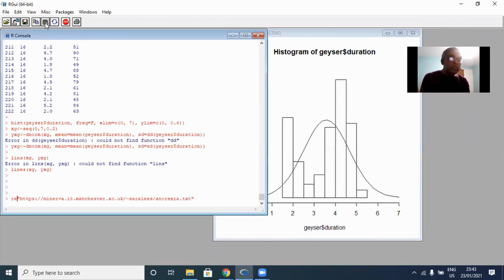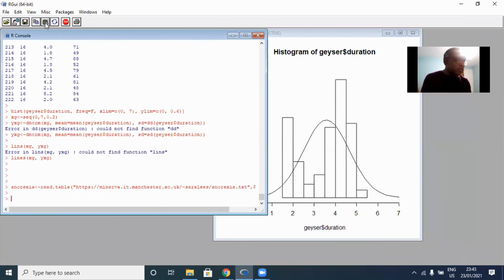So this is read.table, header equal to TRUE. Call this anorexia. So this is the data.